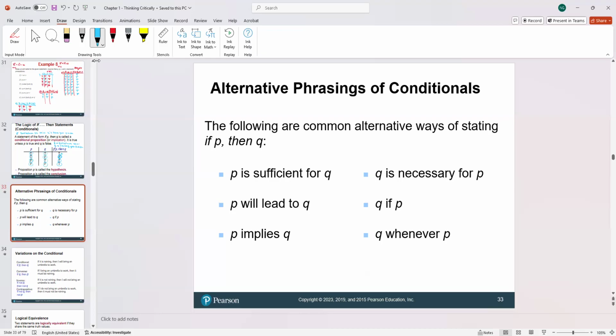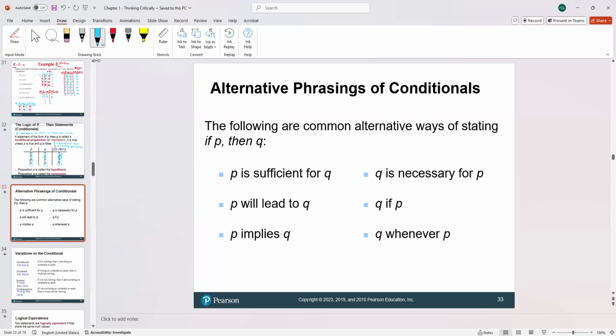For this, if you are living, then you are breathing, right? So that's the necessary and sufficient. We can rephrase that at any time if we want. And breathing is necessary for living.